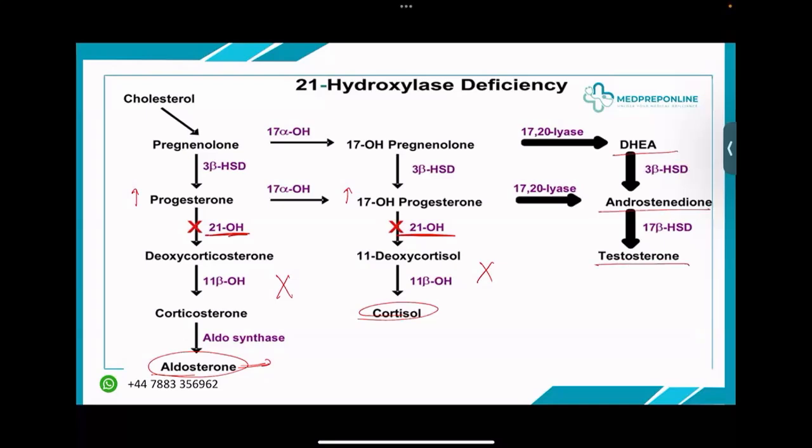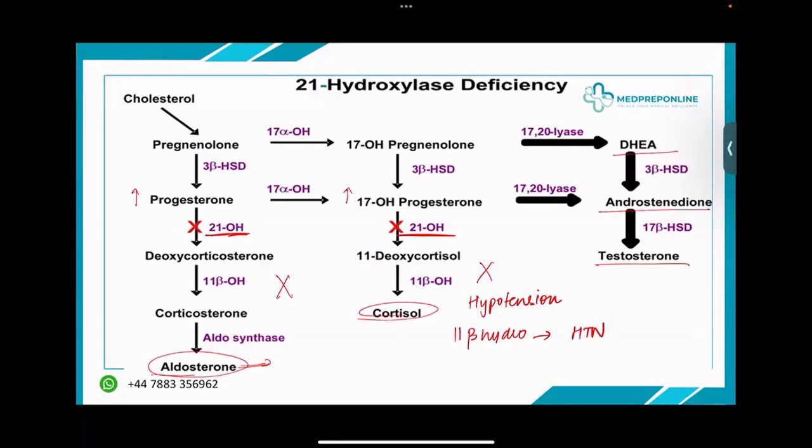Okay. Now, one peculiar thing that you have to remember, in case of 21-hydroxylase deficiency, we are expecting no aldosterone and no cortisol. So patient will present to you with hypotension, correct? Because there is going to be loss of sodium, there's going to be loss of water. But in a very rare form, in cases of 11-beta hydroxylase deficiency, you can have patients who are presenting with hypertension.